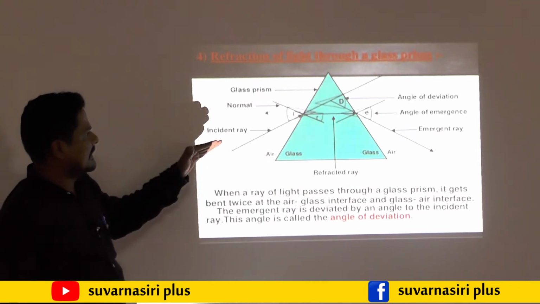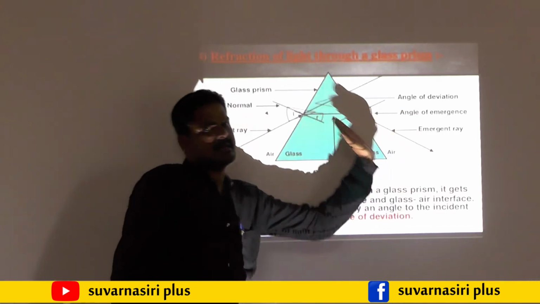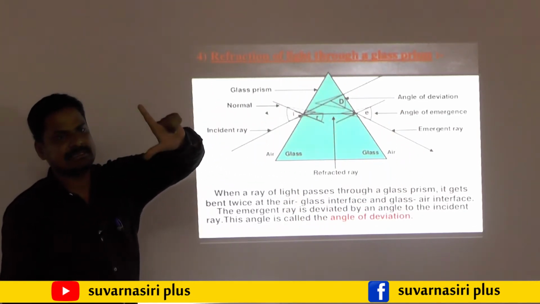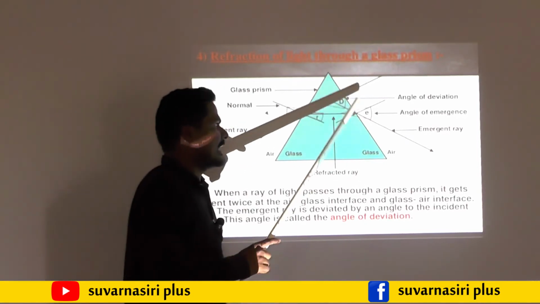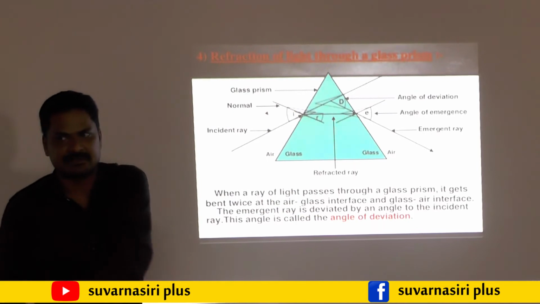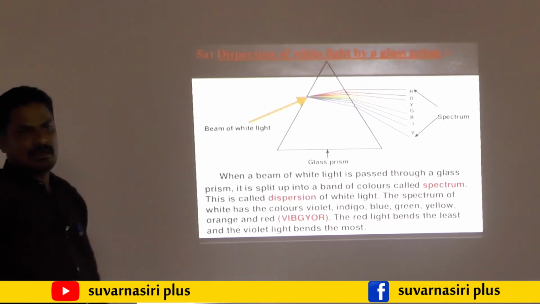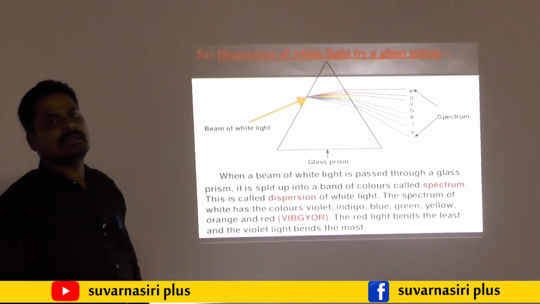The incident ray is produced forward and the emergent ray produced backward. Whatever angle is formed between them is known as the angle of deviation. Okay, so we learned refraction through the glass prism.